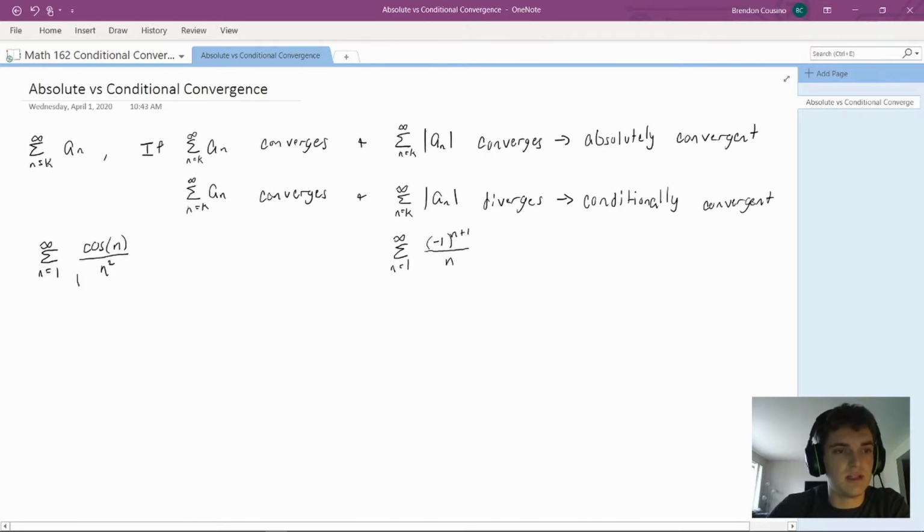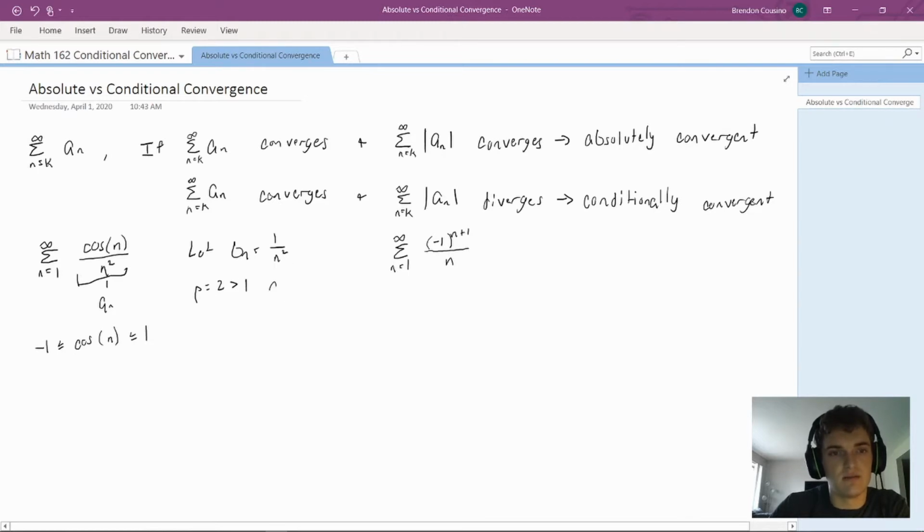First, for this left example, I'm going to define my a of n. I know that if n is ranging from 1 to infinity, cosine of n is always between -1 and 1. So if I let b of n equal 1 over n squared, we know that this series converges from the p-test, since p is equal to 2, which is greater than 1.